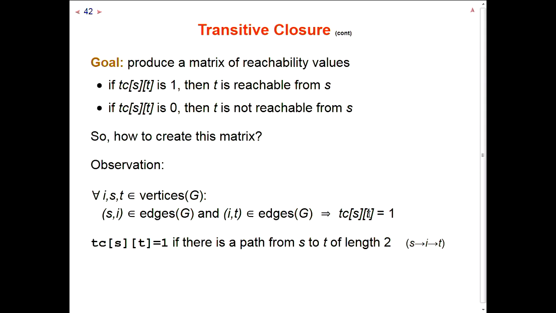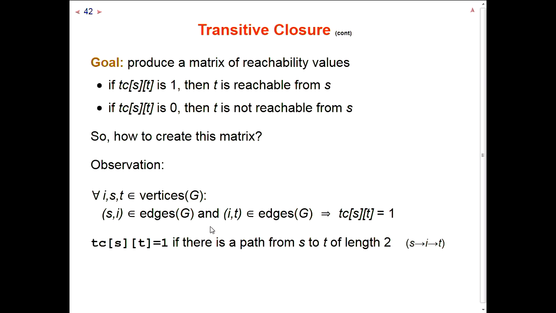Why is that so? If you have a path from S to T of length 2, which goes via a vertex I, then of course T is reachable from S with the help of a path of length 2.